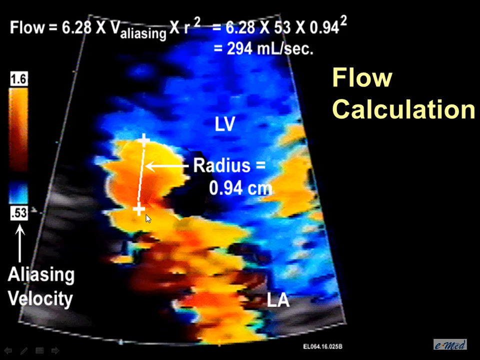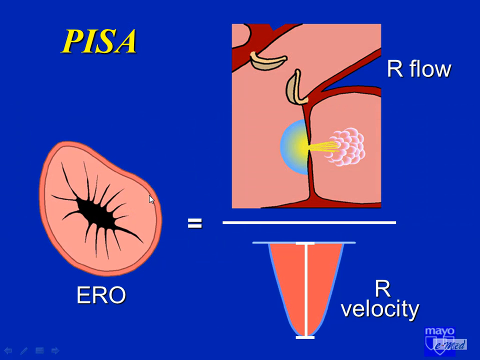You measure the radius of the flow convergence, and you can calculate by this formula here, I'm not going to repeat that, the flow at that moment in time, and you can calculate the effective regurgitant orifice as a ratio of the flow divided by velocity. It's always the same formula. You have to remember that blood is incompressible. The big physiopathologic secret of that is blood is incompressible.